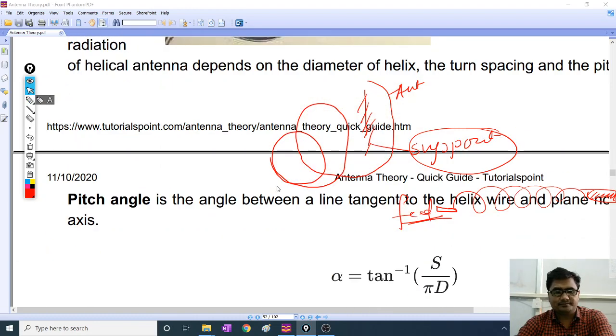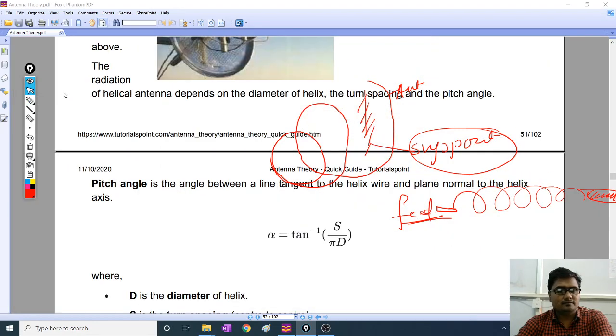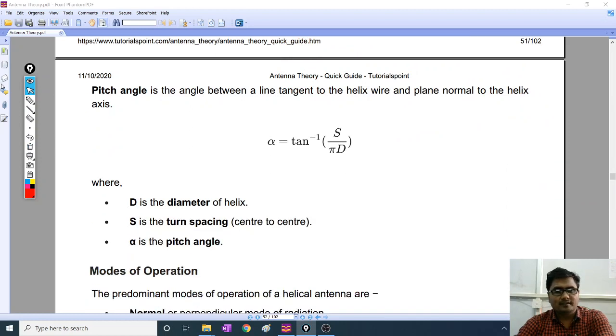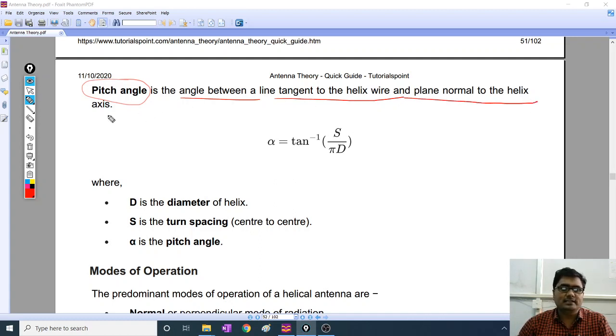Now what else is remaining? Look at this. If I want to discuss the helix antenna, one important parameter of the helix antenna is the pitch angle. So let me tell you the exact definition. It is the angle between a line tangent to the helix wire and a plane normal to the helix axis.